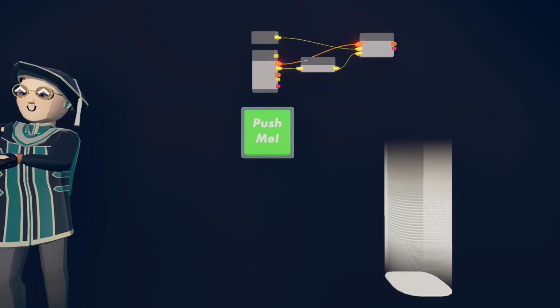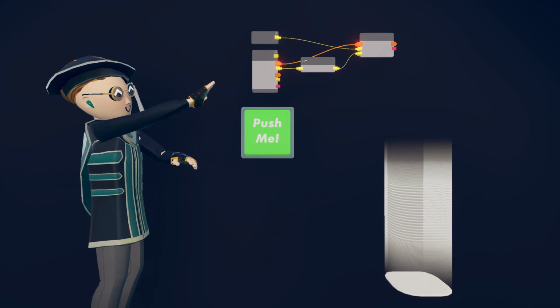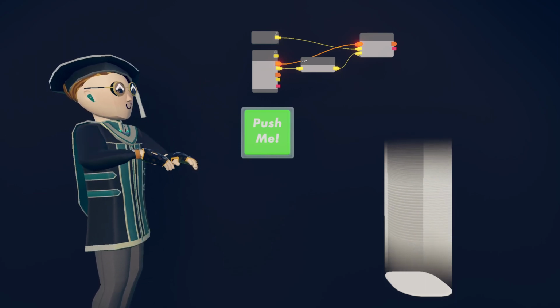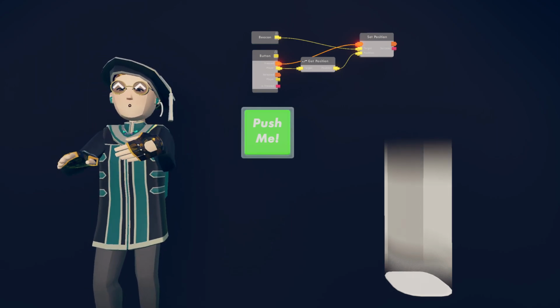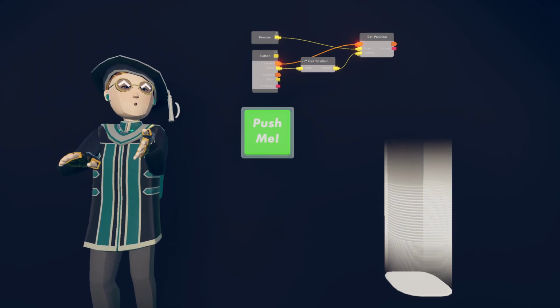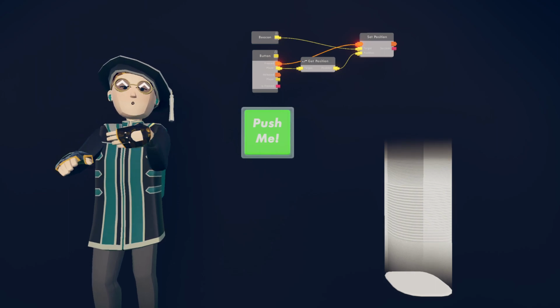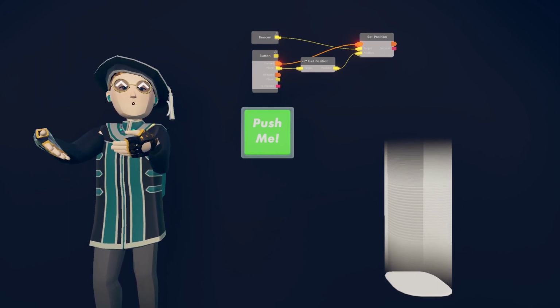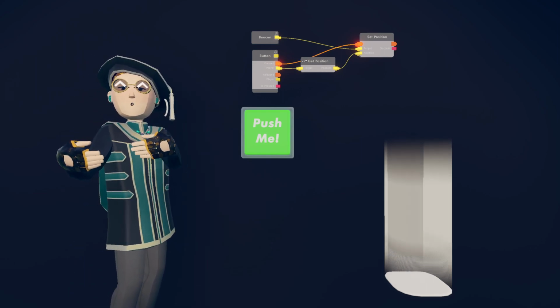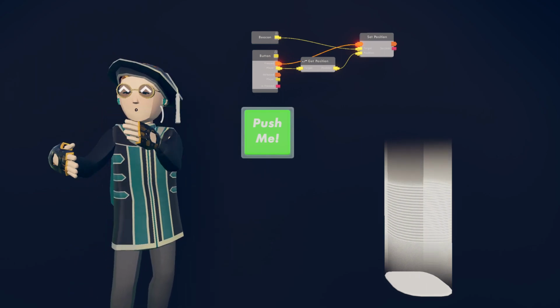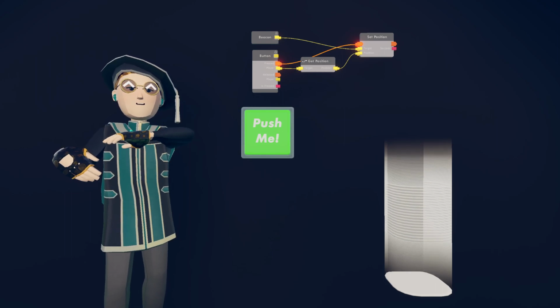So to start off with this little thing here. Something important to know about networking is that some things are networked no matter what. You don't really have control over it. For example, the position of stuff in a room is automatically networked from player to player.